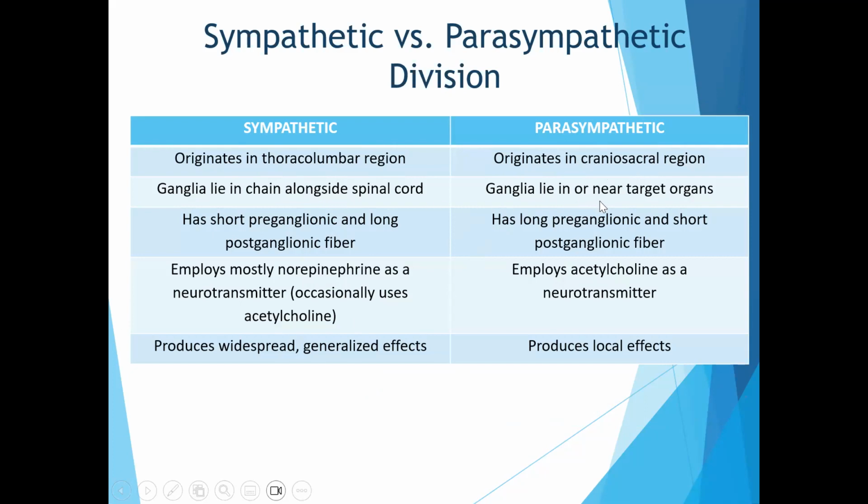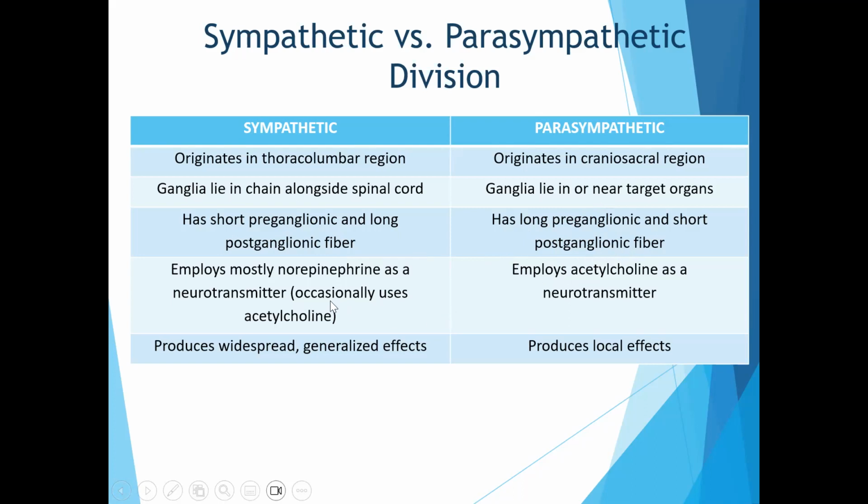In the parasympathetic division, we have that ganglion near the target organ that contains our postganglionic neuron. In the sympathetic division, we have a very short preganglionic fiber with a very long postganglionic fiber going to its target, whereas vice versa in the parasympathetic division, we have that long myelinated preganglionic fiber, and then the postganglionic fiber is short because it's really close to the organ that it influences.